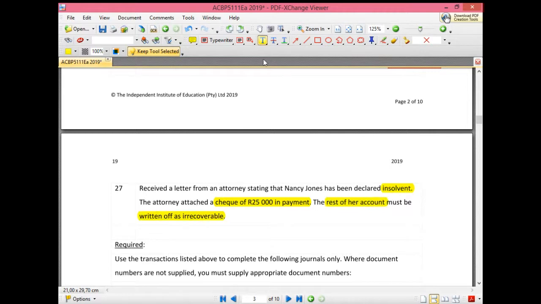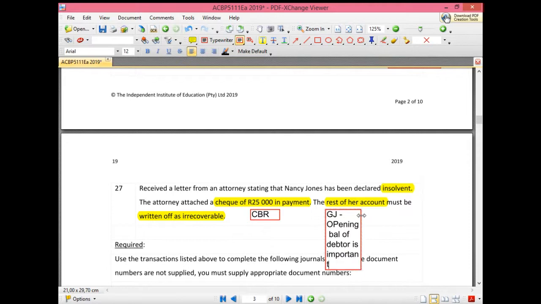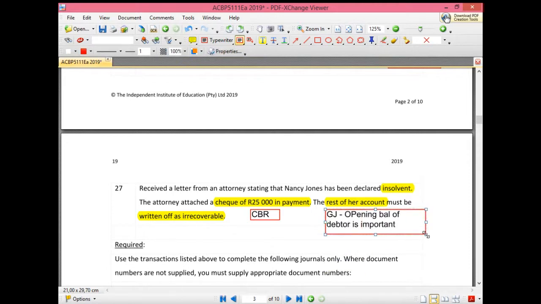Okay, so how we account for this is we account for the $25,000 as a cash book receipt. And then the rest will go to your general journal. And this is where the opening balance of the data is important to work out how much she still owes.